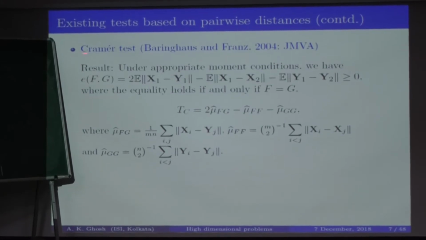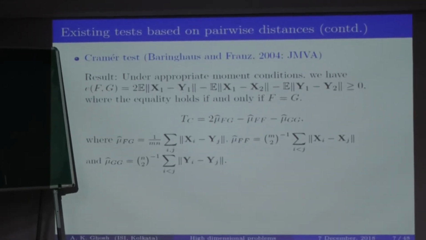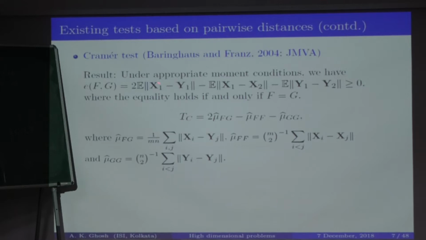So, using this property, it is easy to construct a new test. What is that? I will just look for its empirical analog, which is given here. The expectation gets replaced by appropriate sample version quantities. So this is the test statistic we can look at. If F and G are equal, what do we expect? That its population version gets a value very close to 0, so it is supposed to be very close to 0.